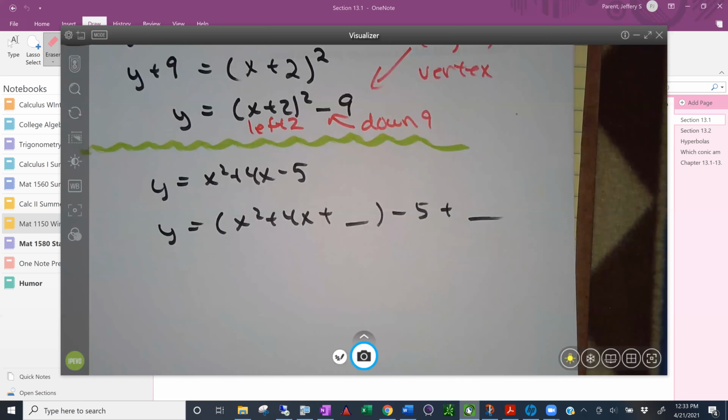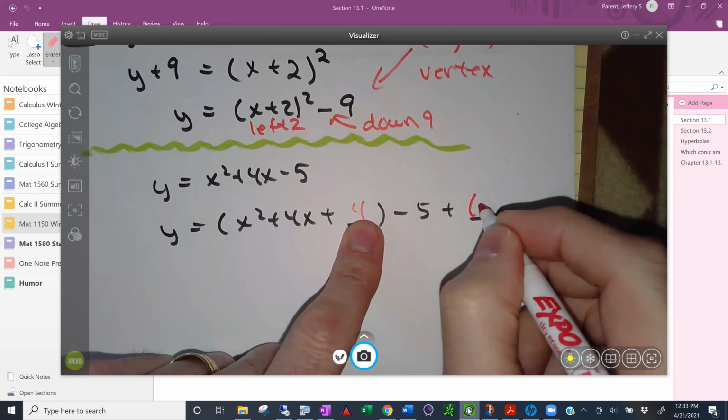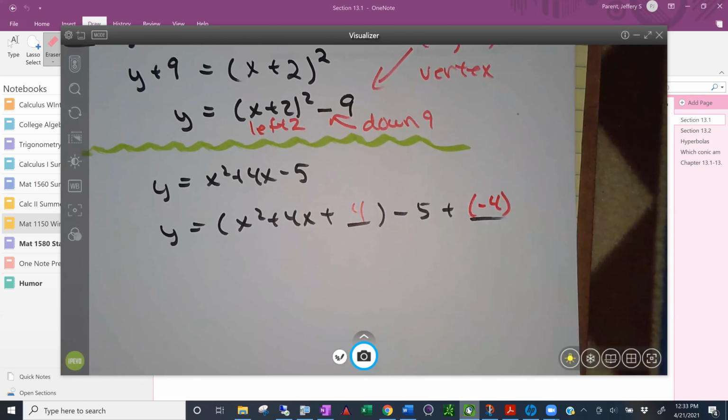And it's the same work that we did up above. The number that completes the square here is 4. But I can't just add 4 to the right-hand side. I've got to keep it in balance. So if I add 4 here to keep it in balance, I'll subtract 4 here. That's the way they're going to do it.